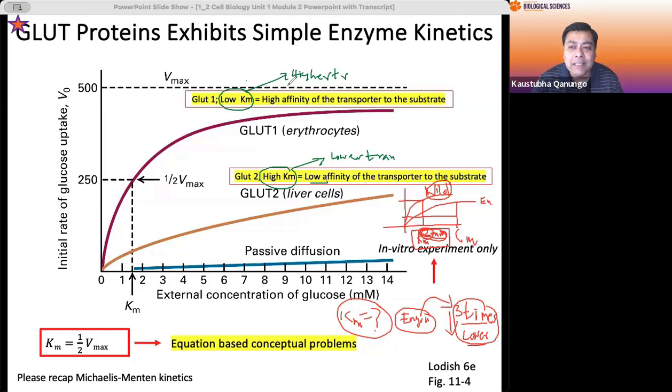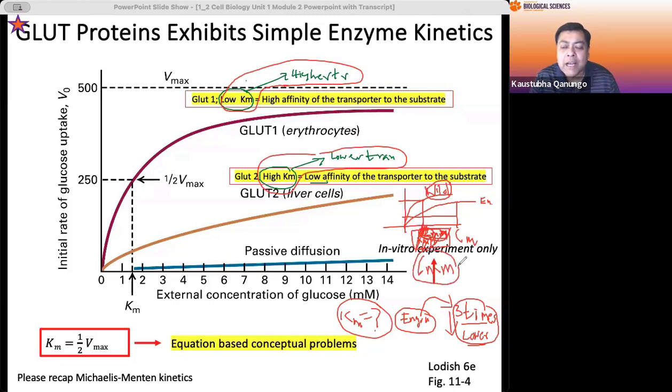See that it is proportional: the lower the Km, the higher the affinity; the higher the Km, the lower the affinity. So if we say the rate is 3 times lower, then the Km will increase just 3 times. On the other hand, say we give the wild type value as 6 millimolar, and now we say the engineered one has 3 times higher ability.